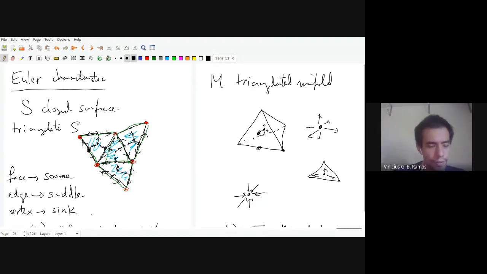Yeah, so Ciprian Manolescu proved that there exist compact topological manifolds of dimension 5 which are not homeomorphic to a simplicial complex.